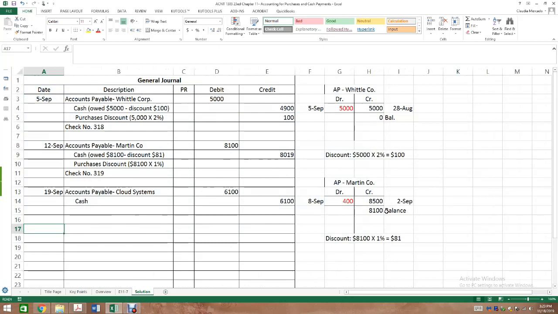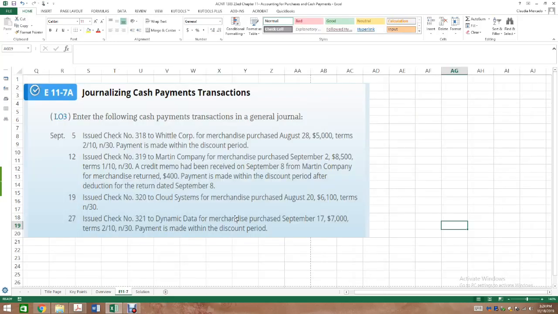So once again, on September the 27th, I'm going to have my accounts payable be debited for Dynamic Data. I'm not doing the whole T accounts again because you should already have gotten the logistics of it with the two examples that I've provided. The amount that I owed here was $7,000.